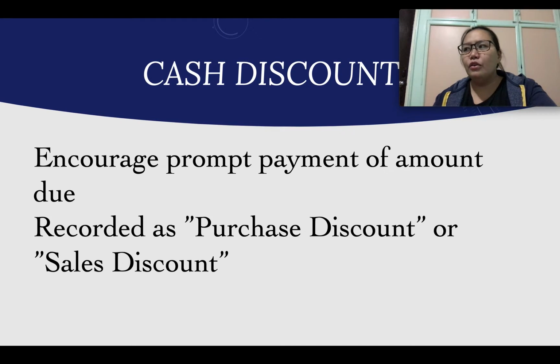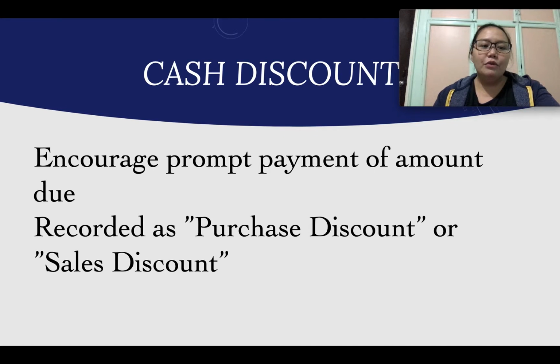Usually the credit terms are around 30 days, 60 days, no? So you will see in some problems or in the invoices, it is indicated N over 30, N over 60. It means that the full amount is due within 30 days or within 60 days. You have to pay on or before 30 days. Okay? Or you have to pay on or before 60 days.